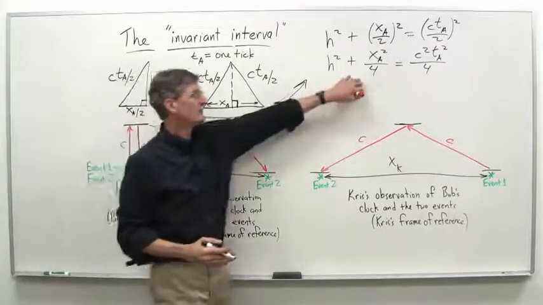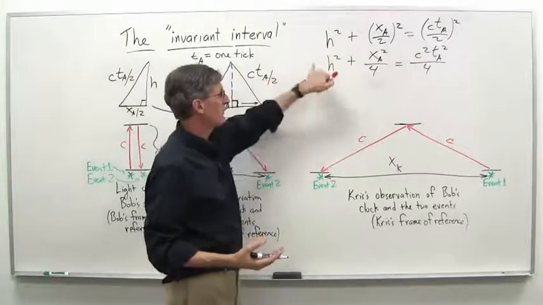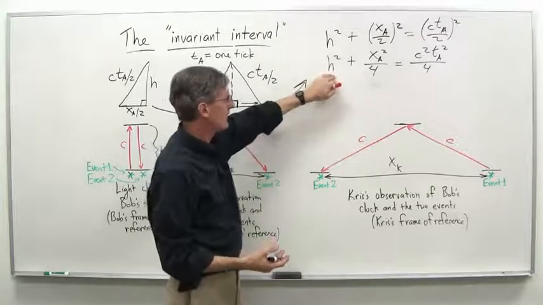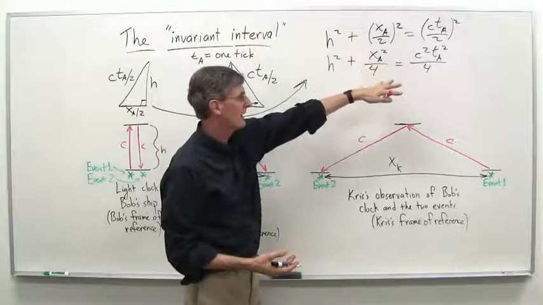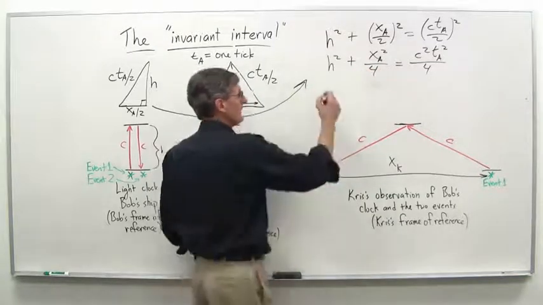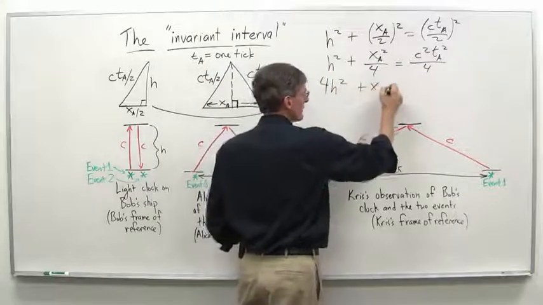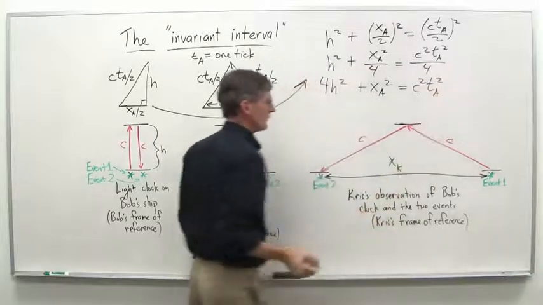I'd like to get rid of these 4s in the denominator, just clean it up a little bit. If I do it on both sides, of course, it's legitimate. 4h squared plus xa squared equals c squared ta squared.